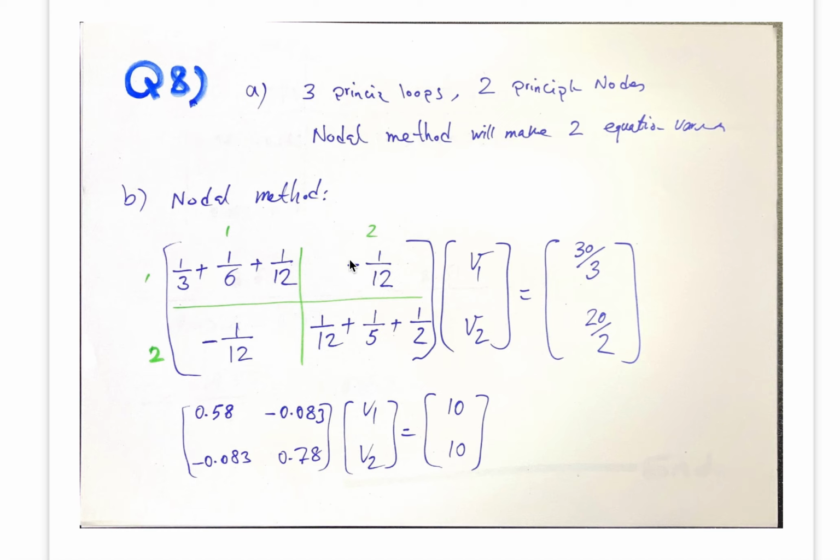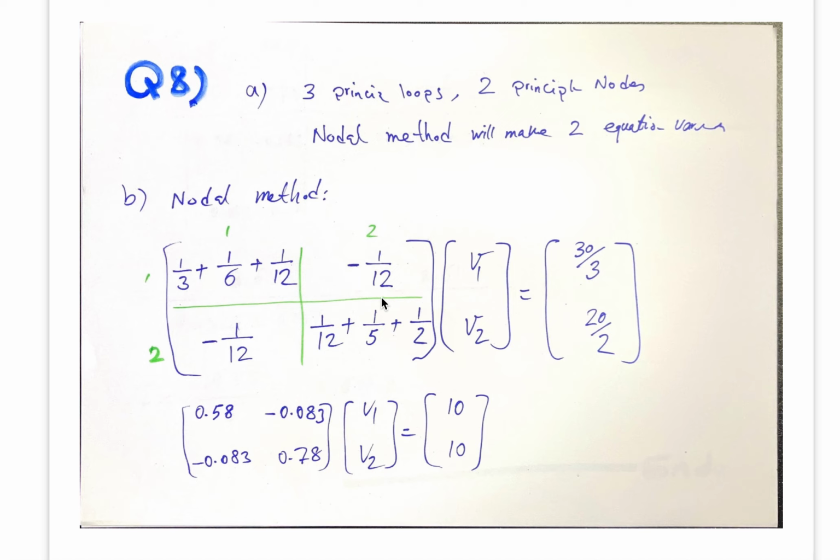So here, for example, is cell 1, 2. That means you need to put the conductance of the branch between node 1 and node 2. There is a 12 ohm resistor between node 1 and node 2. If you see the original circuit, you take the inverse because you need to put conductance, not resistance. And don't forget to put these negative signs.